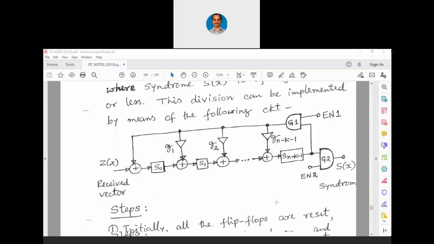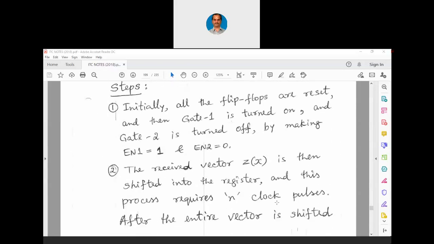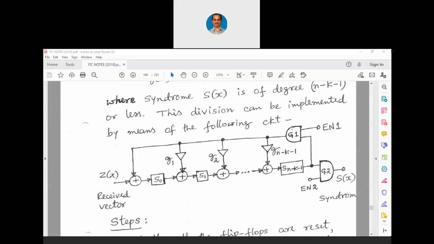Let me go on. Now the steps are: initially all the flip-flops are reset, and then gate 1 is turned on and gate 2 is turned off by making enable 1 equal to 1 and enable 2 equal to 0. Gate 1 is on, gate 2 is off.